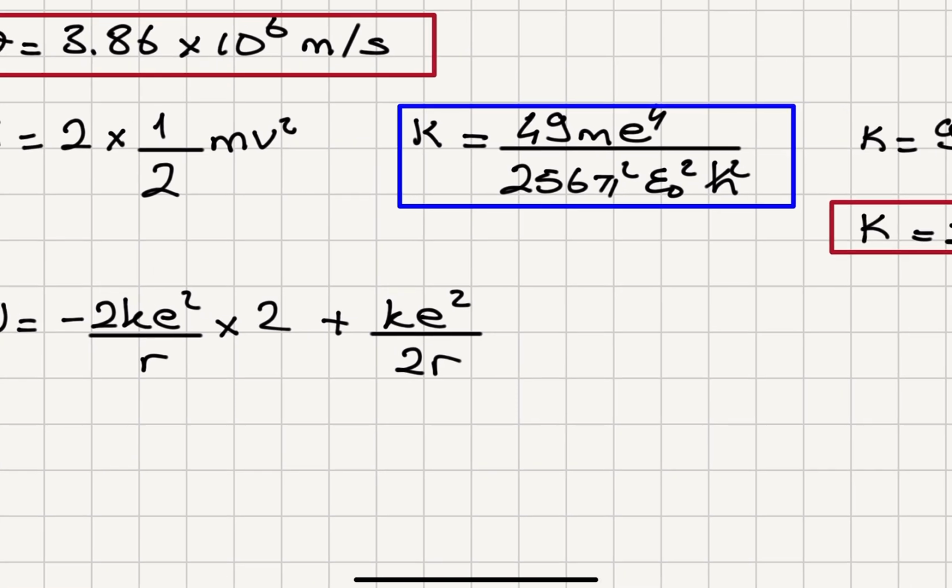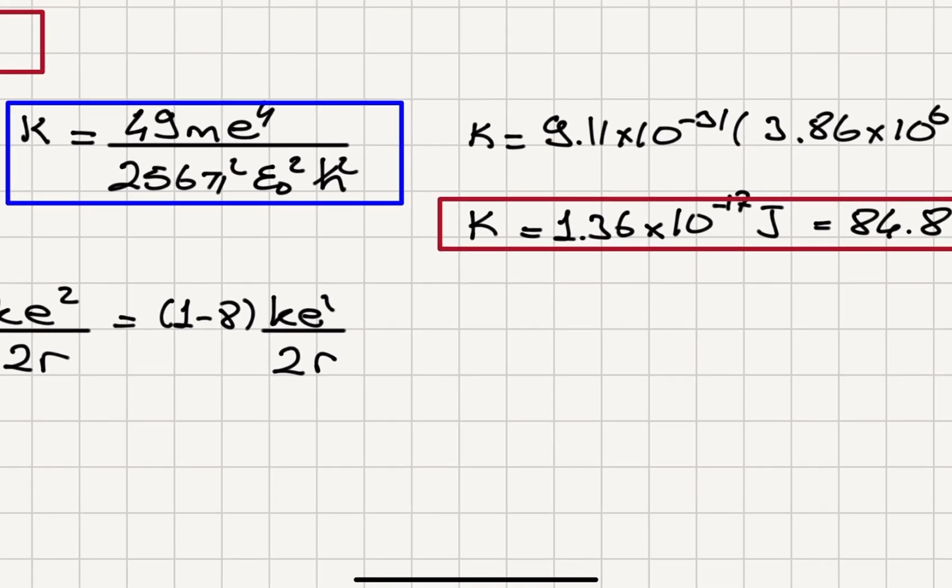This gives us 1 minus 8 ke squared divided by 2r. So we find that the potential energy is minus 7 over 2 ke squared over r.